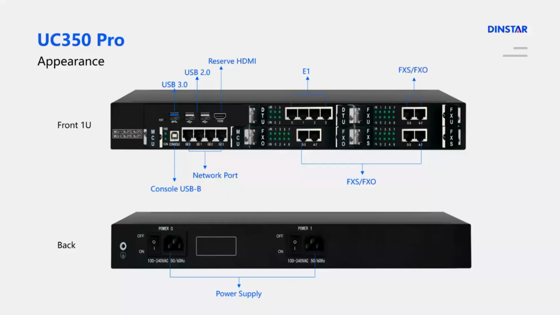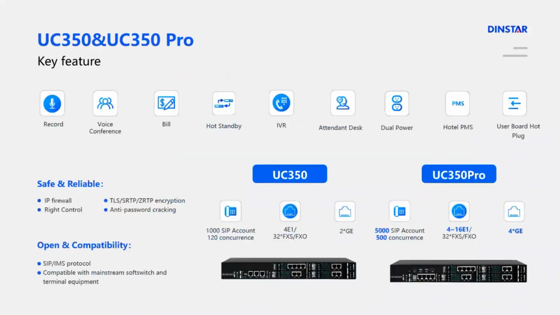Their key features step up again. The UC315 supports 1000 SIP extensions, 120 concurrent calls, and 4 E1, while the UC315 Pro scales way up to 5000 extensions, 500 concurrent calls, 16 E1, and a 4G port for faster networking.